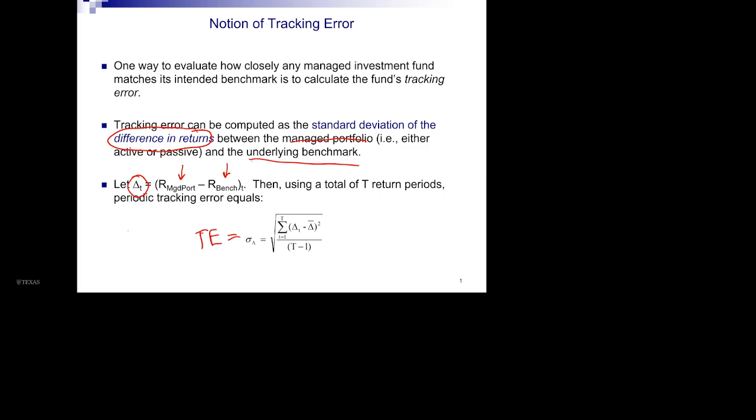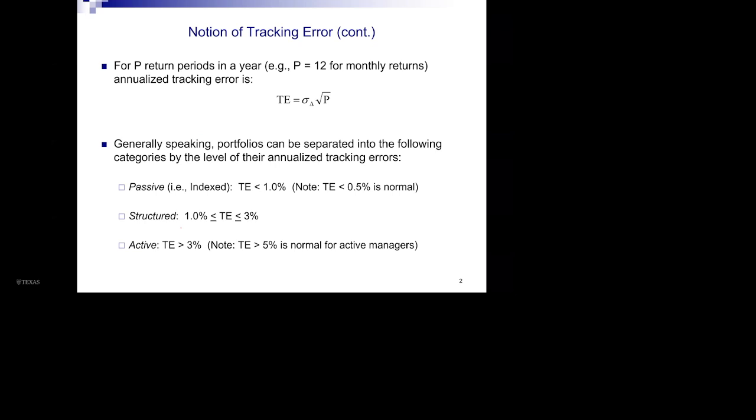This is going to be what we'll call the periodic tracking error, because it's going to be a number that will be relevant to the particular periods in which the returns are produced. So if you have monthly returns, it would be a monthly number. If you have quarterly returns, it would be a quarterly number, and so on. Almost always, you'll see tracking error reported on an annualized basis.